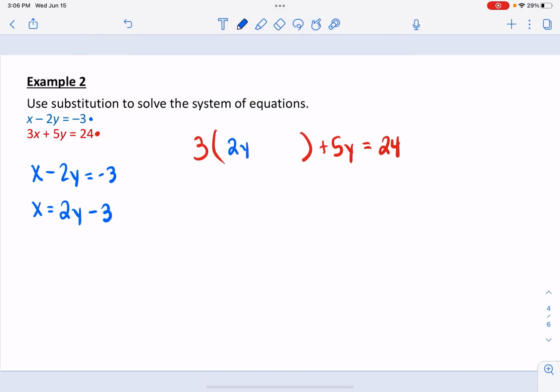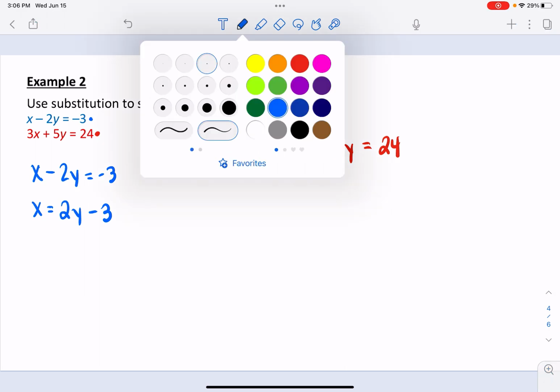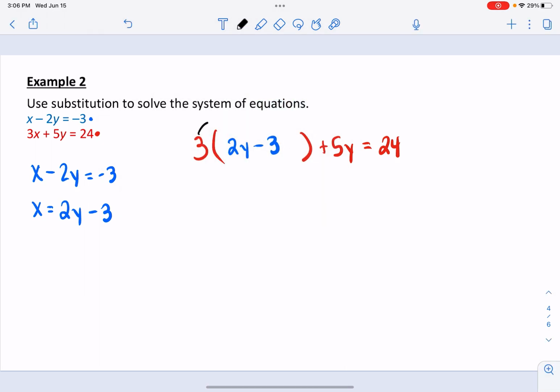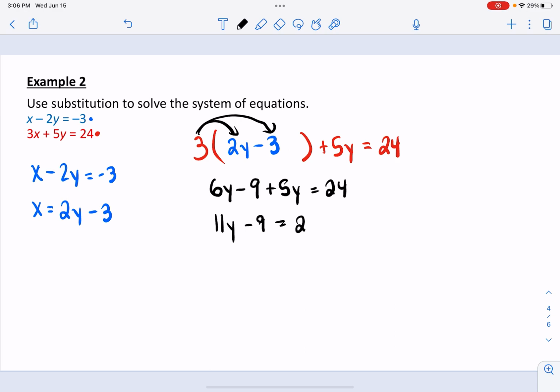So then we have 2y minus 3. I plug that in. Now I solve. I distribute the 3 inside to both terms. I add 9 to both sides. I divide by 11.